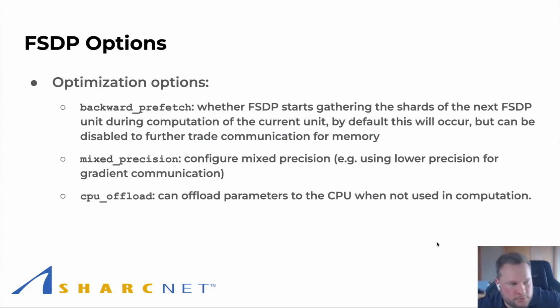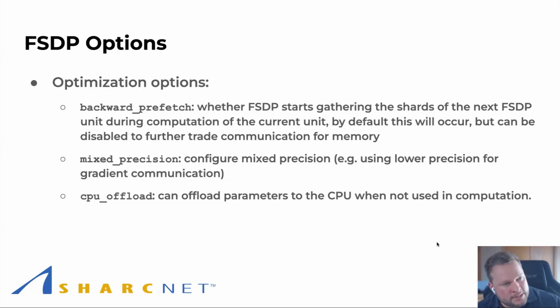Some other optimization options are backward prefetch. This is on by default, and this says whether FSDP starts gathering the shards of the next FSDP unit during computation of the current unit. By default, this happens, but it can be disabled to further trade communication for memory. How this is helping to begin with is it's overlapping that communication time with our computation time.